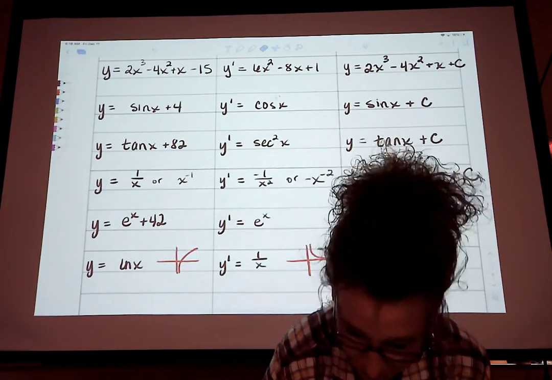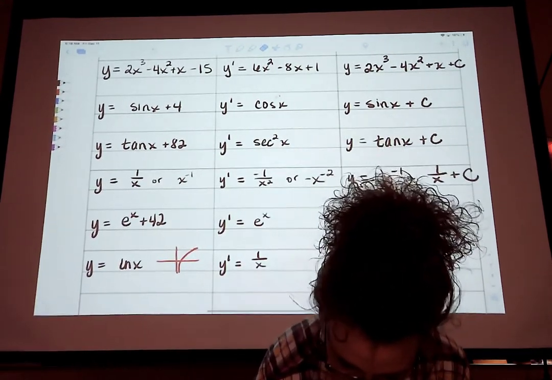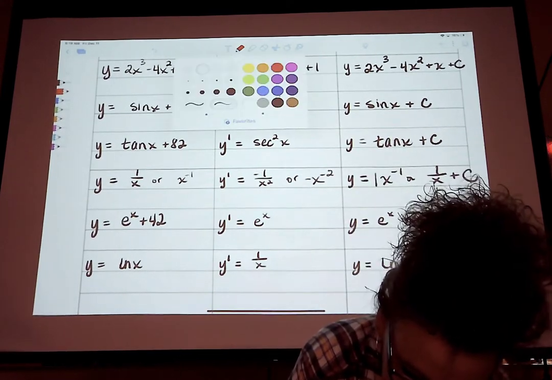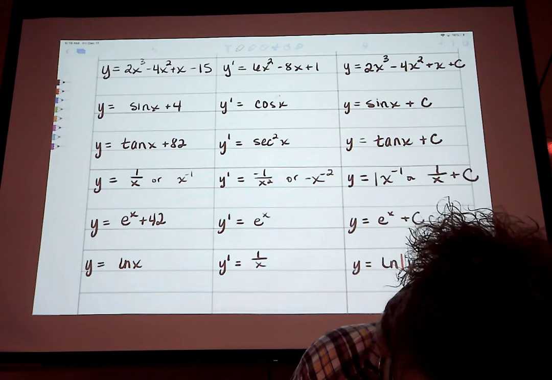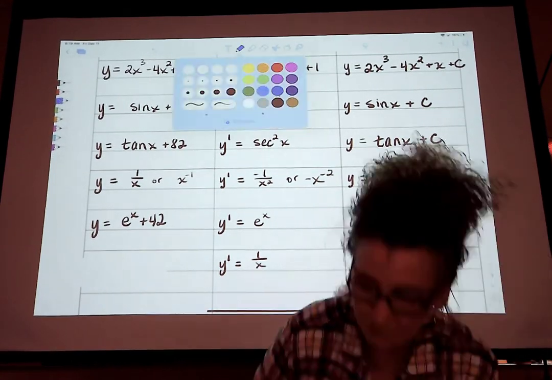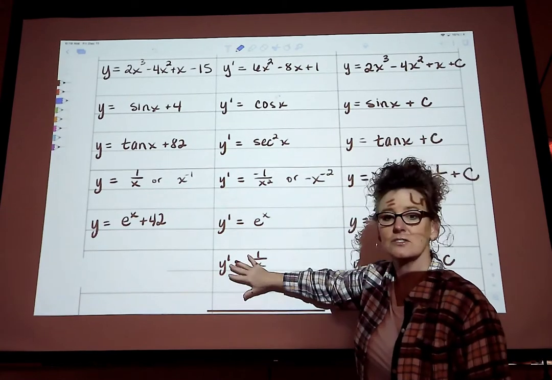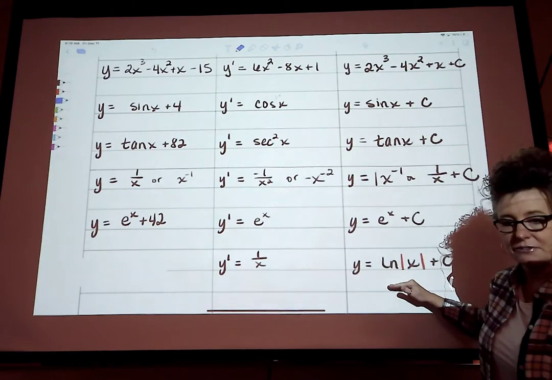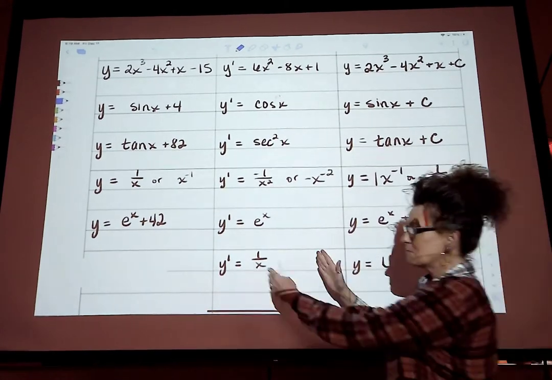Now, second semester. Ready? Let's start here and do an antiderivative on it. So this is my starting place.